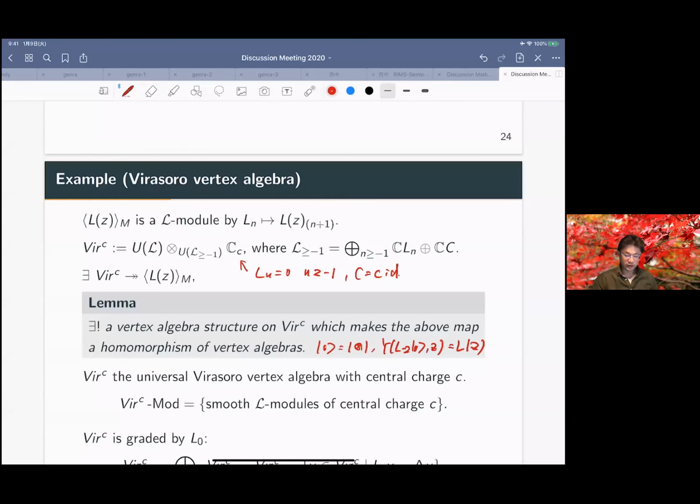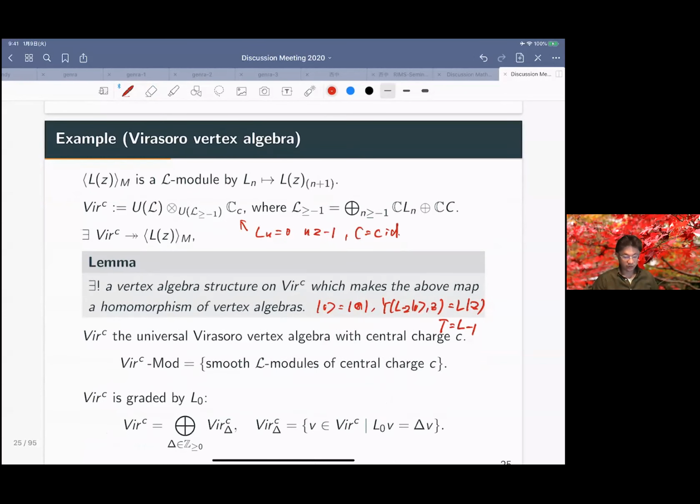And it has a special property that the translation operator is L_{-1}. And this one is called the universal Virasoro vertex algebra with central charge c. And so exactly in the same way as in the case of the affine vertex algebra, a module of the Virasoro algebra is the same as a smooth module of central charge c. So this is, again, like the enveloping algebra of the Virasoro algebra.